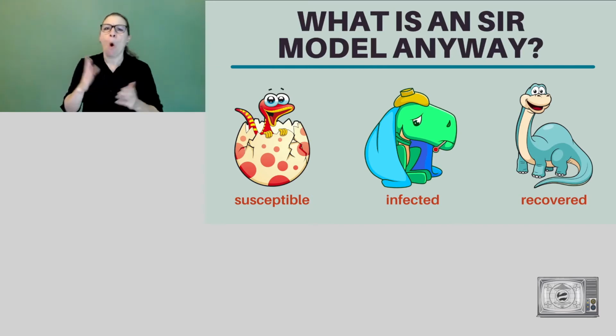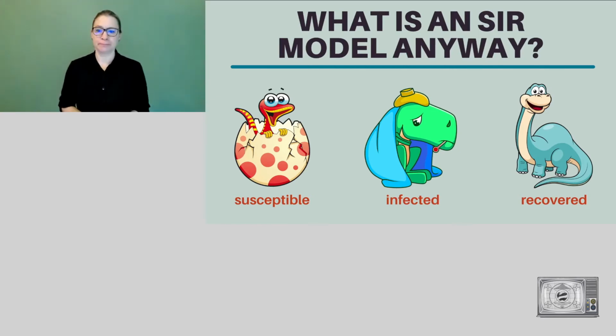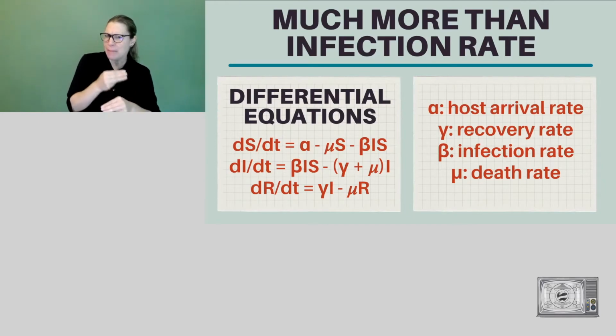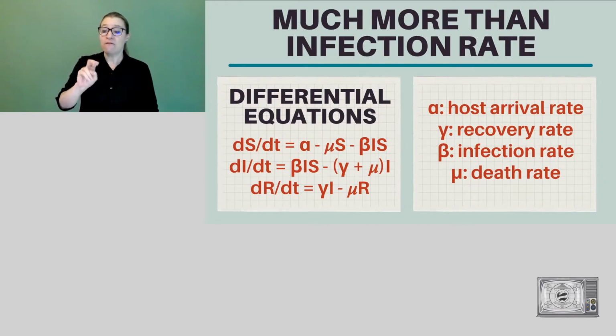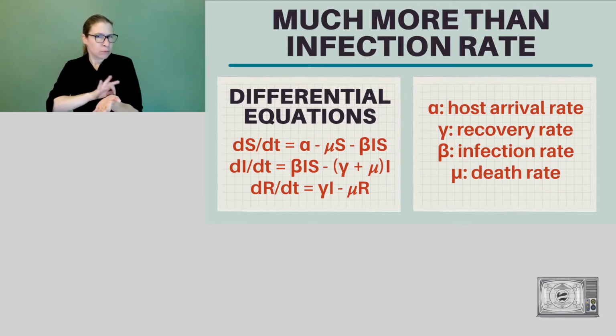And recovered individuals are those who were infected with a pathogen but have been able to eradicate it. SIR models are based in mathematics, focusing on differential equations to track the number of susceptible, infected, and recovered individuals in a disease system over time.